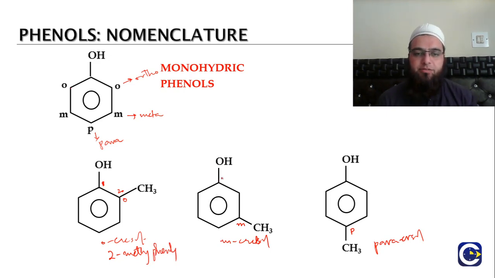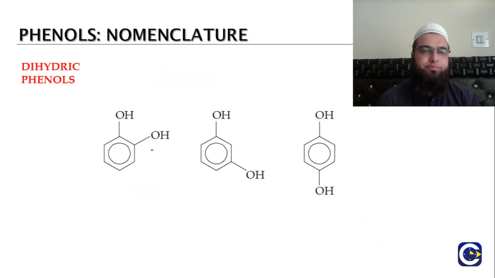And this will be numbered as 1, 2, 3. So this is 3-methyl phenol, okay. And this is at 1, 2, 3 and 4 position. We call it 4-methyl phenol, okay. This is the IUPAC nomenclature. We name it according to the numbering of the carbons, and the common name is given according to the ortho, meta and para position of the methyl group, okay.